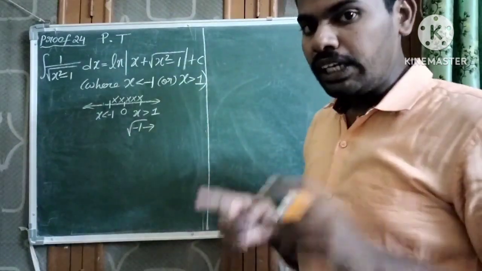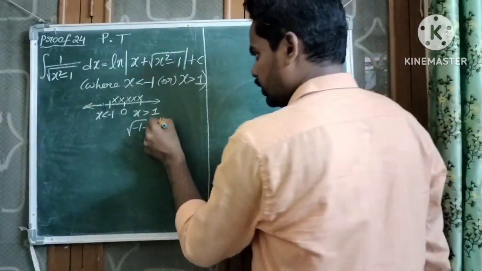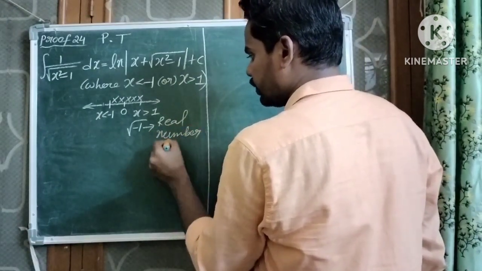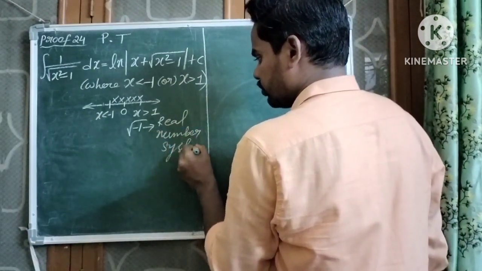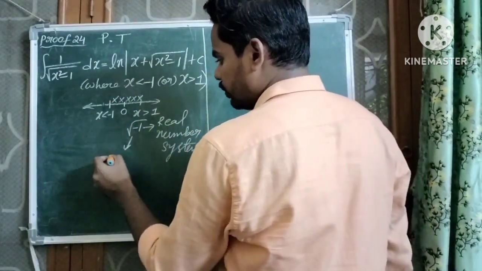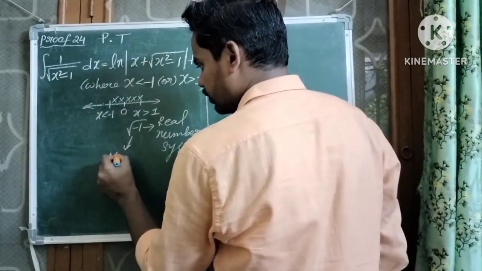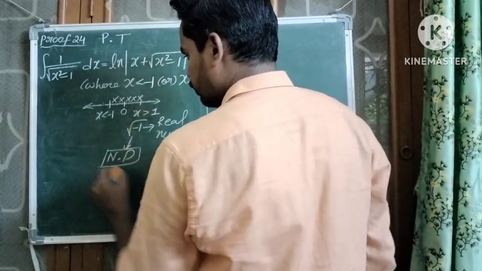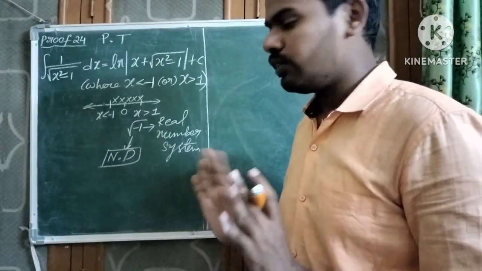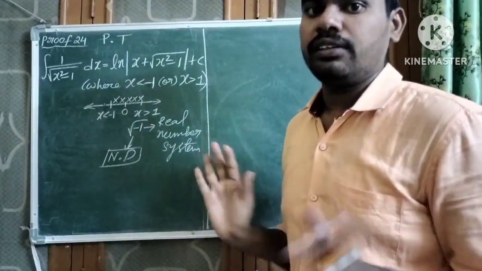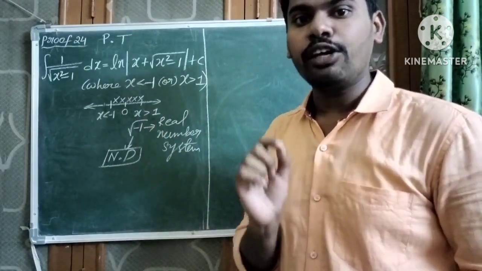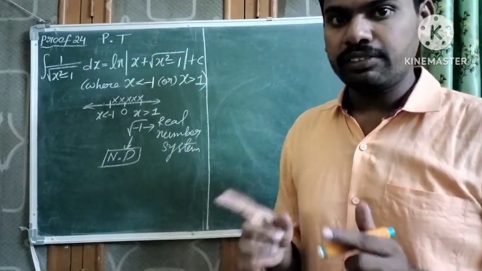See, in the real number system, the square root of a negative number is not defined. But in the case of the complex number system, the square root of minus 1 means iota. i is equal to root over minus 1, i square is equal to minus 1.